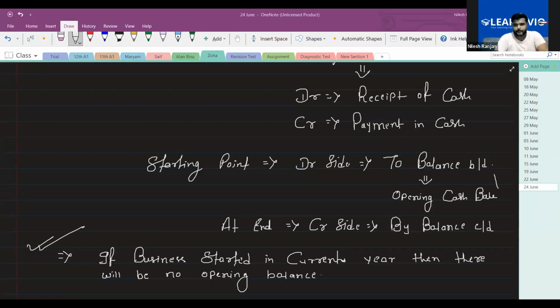Just, I'm sharing a question. Okay, so it is very simple. As you can see, we have to prepare only the cash book from this portion. Yeah, okay.